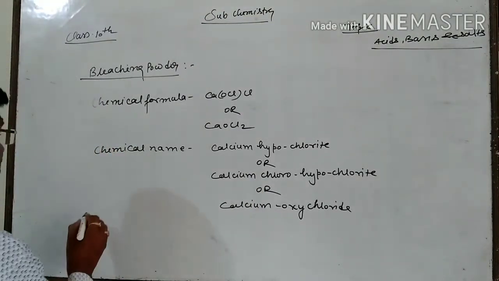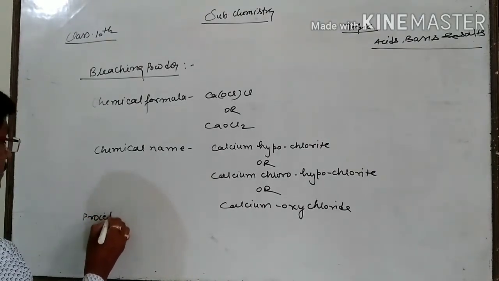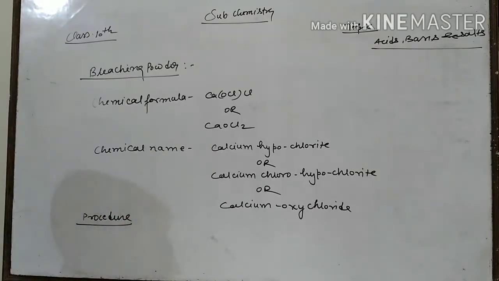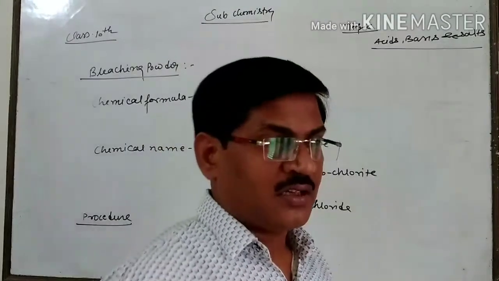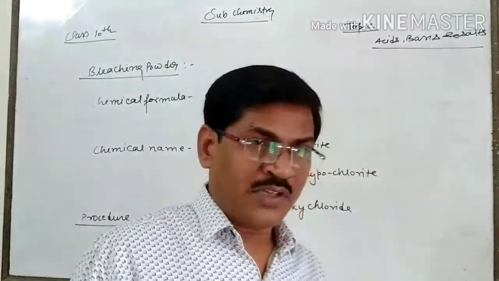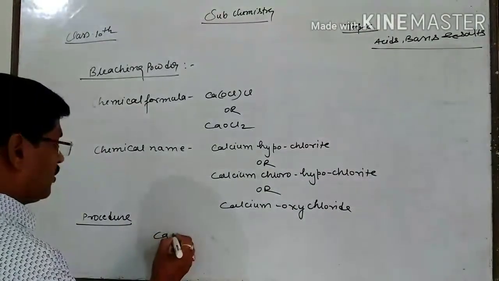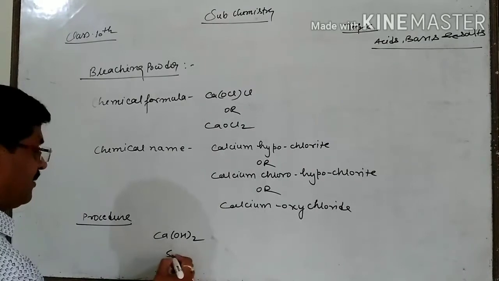After that, the procedure, or you can say the method of preparation. If you have to prepare this, then you have to take Ca(OH)2, that is slaked lime.